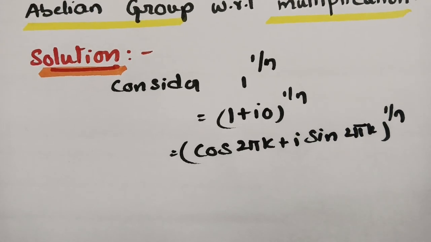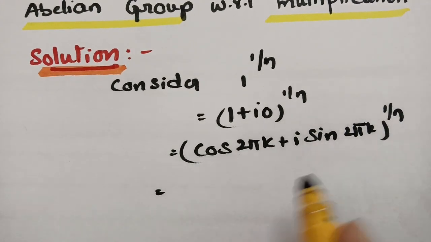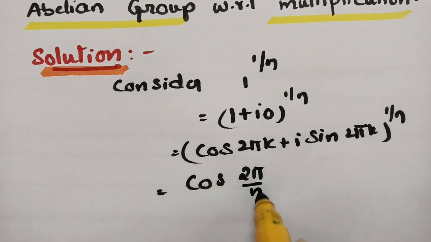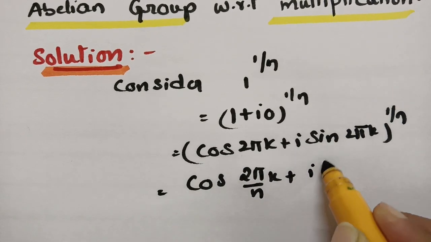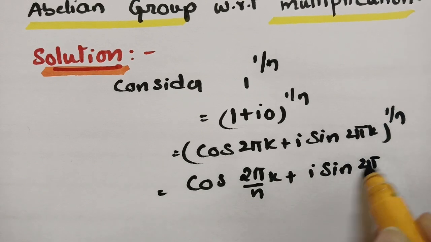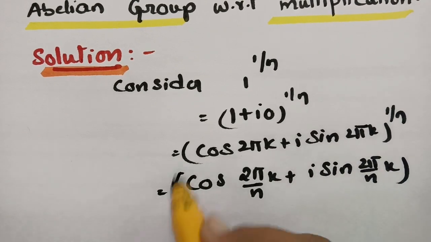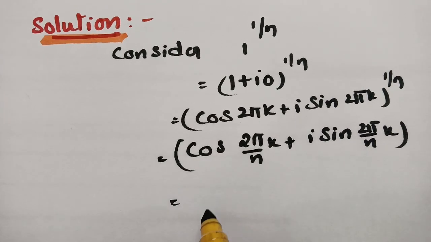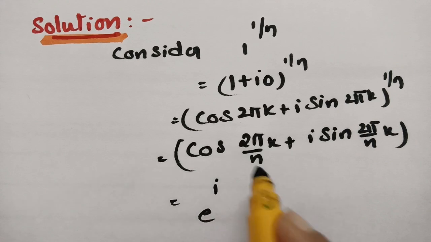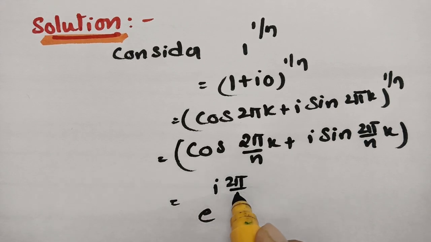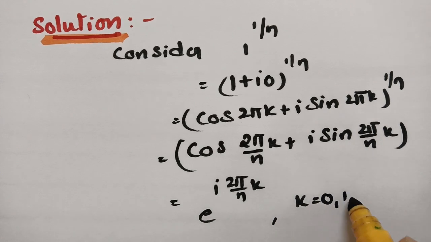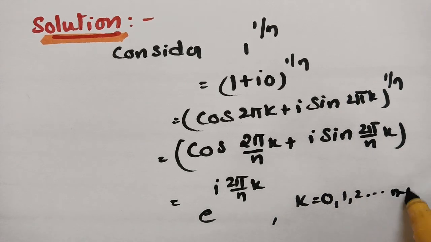According to De Moivre's theorem, this 1 by n power is written as cos 2 pi k by n plus i sine 2 pi k by n. See, clear? And according to Euler's theorem, cos theta plus i sine theta can be written as e power i theta. So this is e power i 2 pi k by n, where k value runs from 0, 1, 2 and so on to n minus 1.